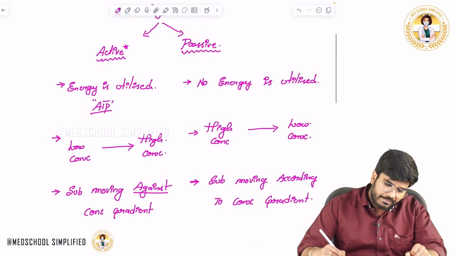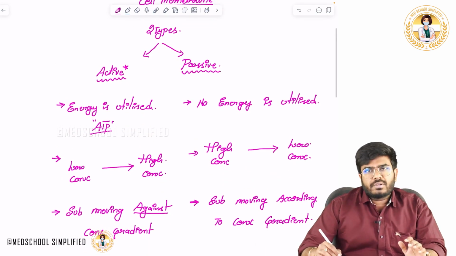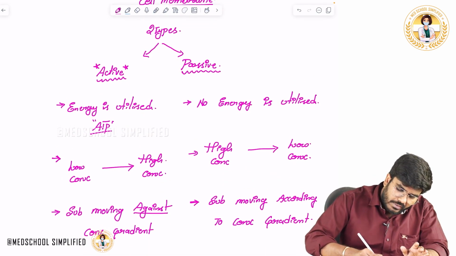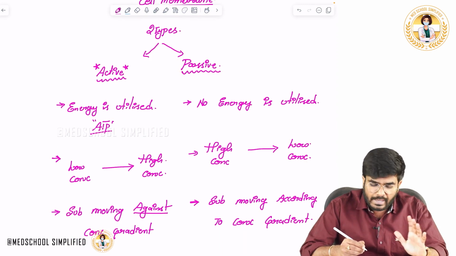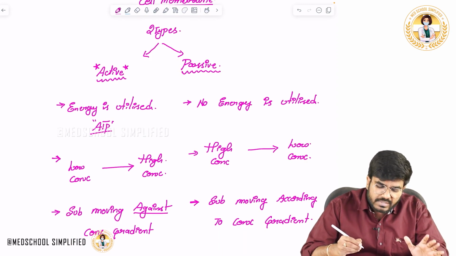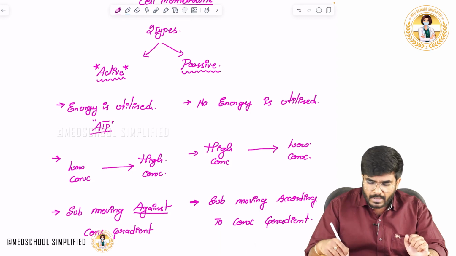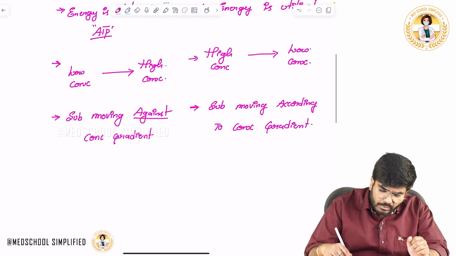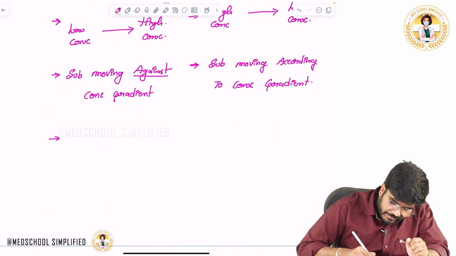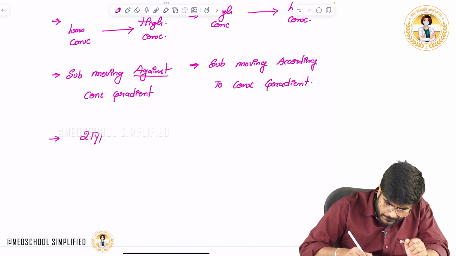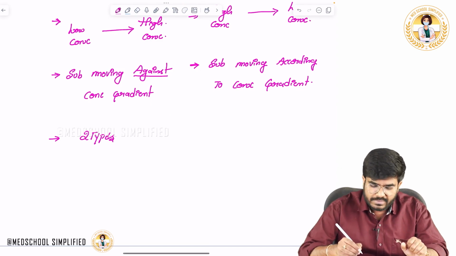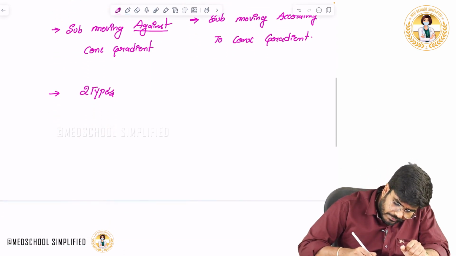Now, having said that, you know there are two types of transport. Where energy is involved, that is active transport: A for A, in active transport ATP is utilized. In passive transport, there is no need of ATP. Now, active transport itself is of two types. What are they, sir?